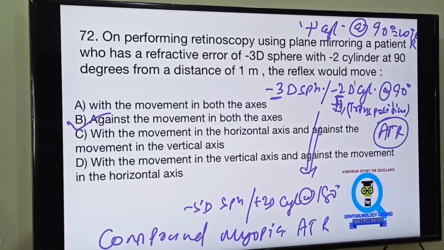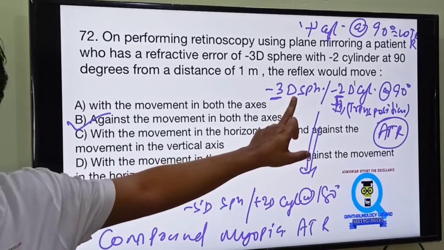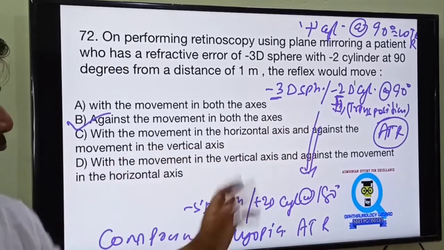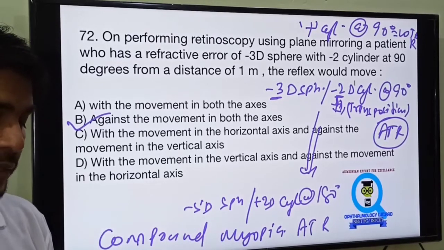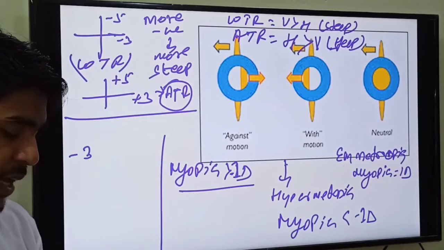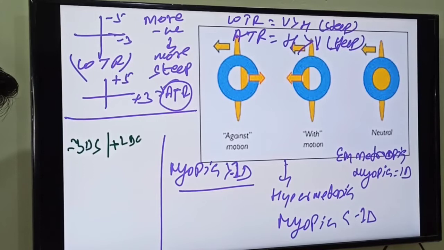Now the second thing: transposition. I have told you how to do the transposition. Suppose one power is -3 diopter spherical combined with +2 diopter cylindrical at 90 degrees.